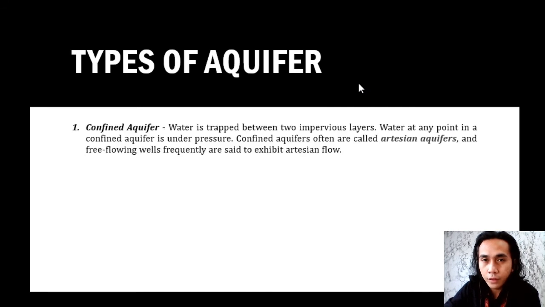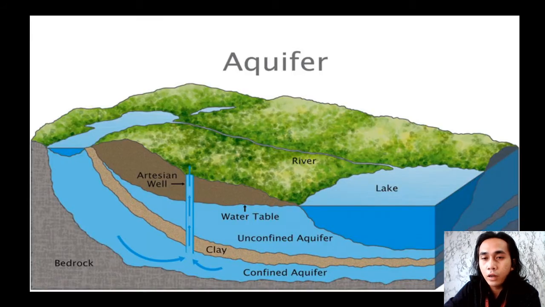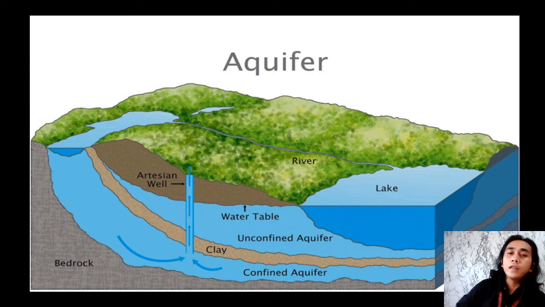Types of aquifer. First is confined aquifer. So water is trapped between two impervious layers. So water at any point in a confined aquifer is under pressure. Confined aquifers are called artesian aquifers, and free-flowing wells frequently are said to exhibit artesian flow. Kung kita dira ang confined aquifer, kanang tubig na nadara sa tunga sa clay o sa bedrock kay under pressure na siya because naipit.